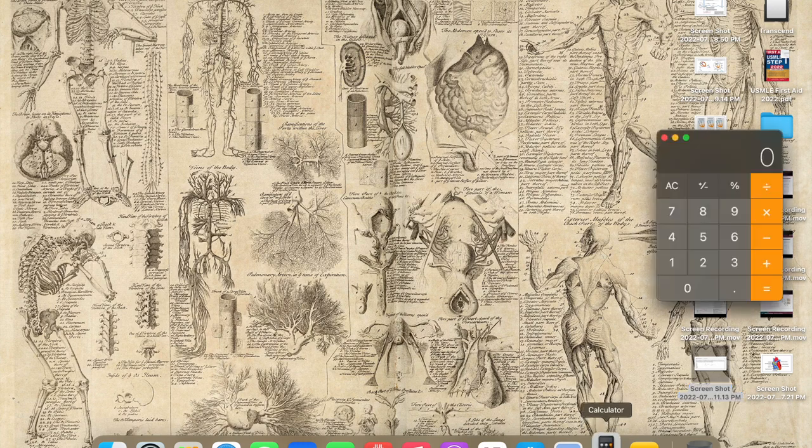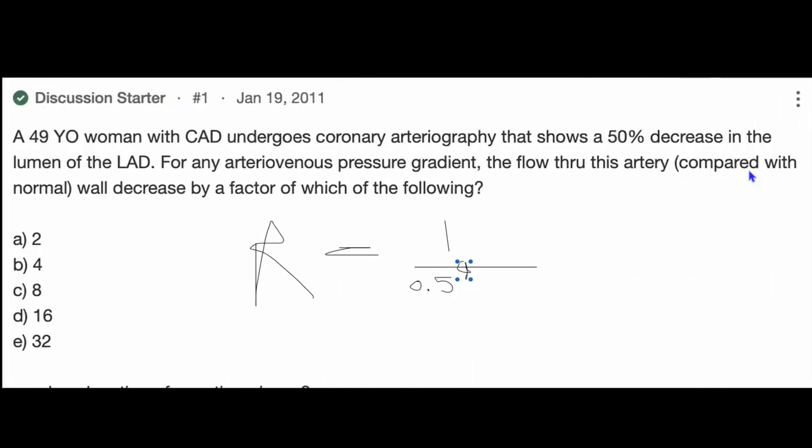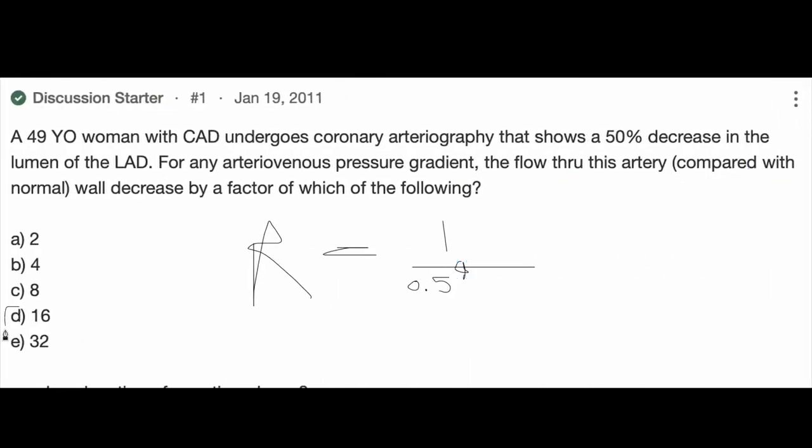Okay, on your calculator, 0.5 times 0.5 times 0.5 times 0.5. You get that, and then you do 1 divided by 0.0625. And you get 16, right? And that would be the answer then. 16.